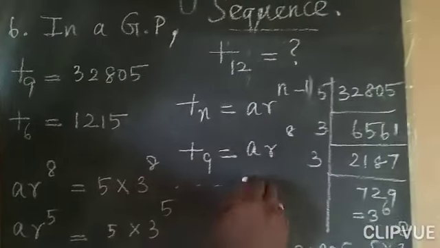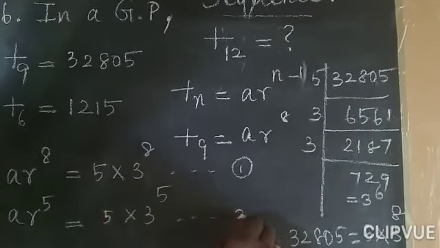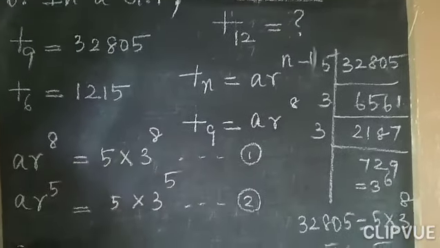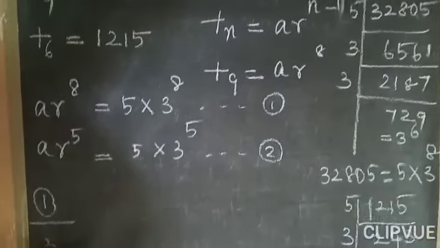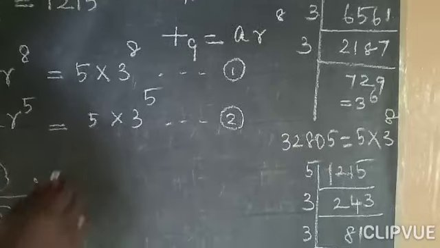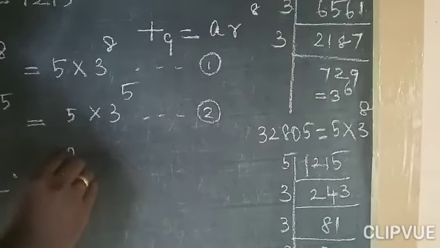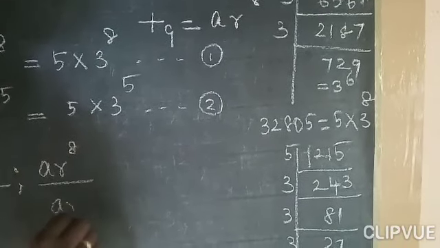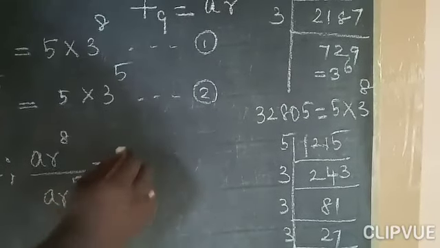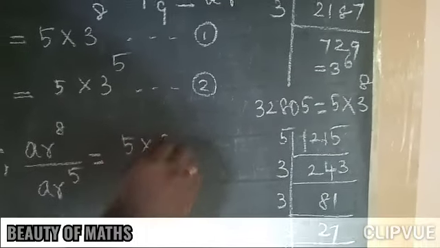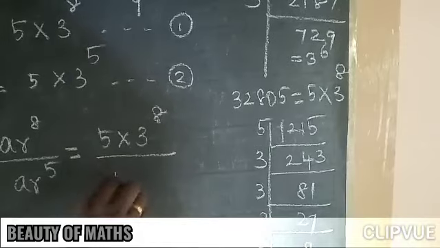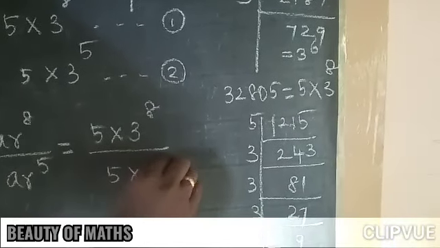If you take this as 1 and this as 2, we divide 1 by 2. So AR power 8 divided by AR power 5 is equal to 5 into 3 power 8 whole divided by 5 into 3 power 5.